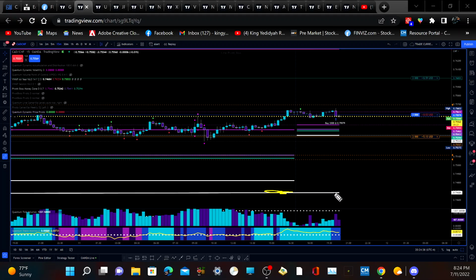So this value area low could attract price to it. It keeps coming across to help you see on the chart that this might be an area where price might want to come back and retest, because when it took off from here, it never came back to touch this level.